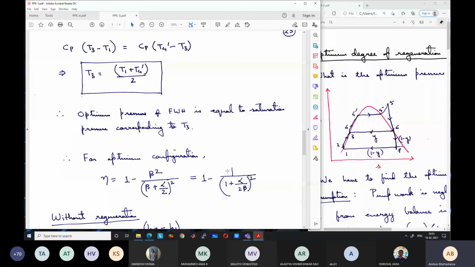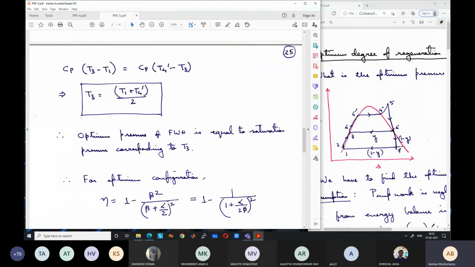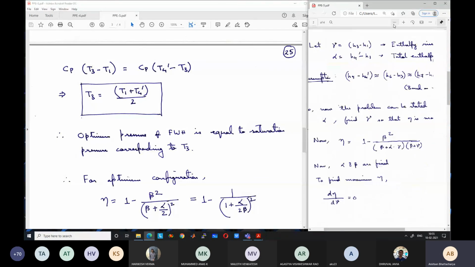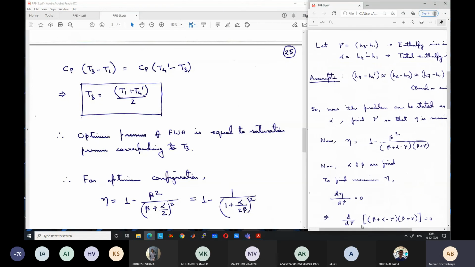So for the optimum configuration, we can write the efficiency. Let me go to the efficiency equation: 1 minus beta square, divided by beta plus alpha minus gamma, into beta plus gamma. Because gamma is alpha by 2, you can replace gamma by alpha by 2.